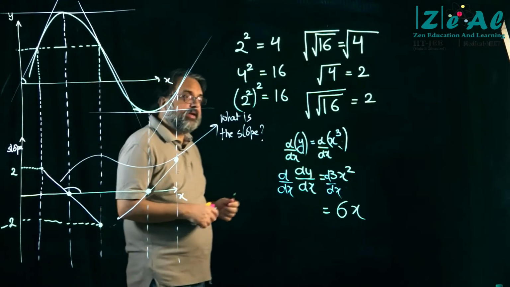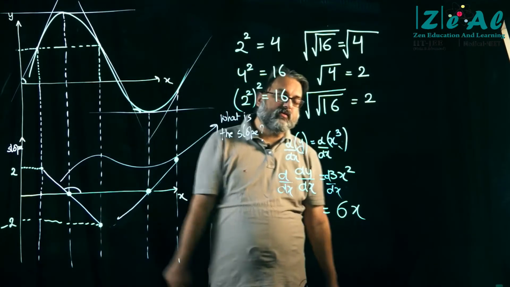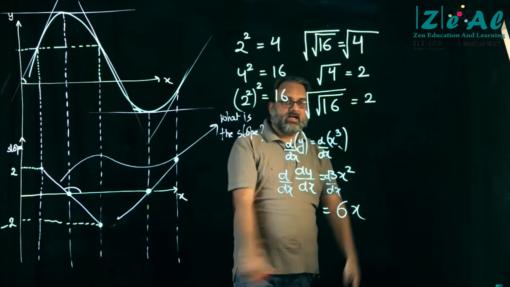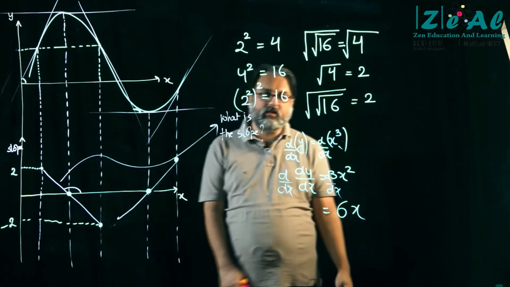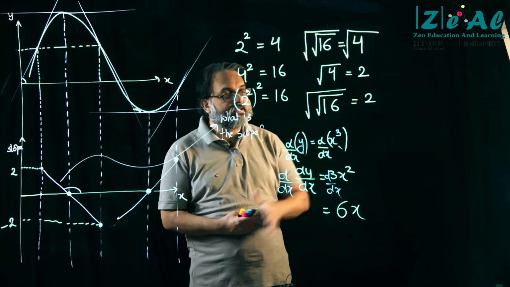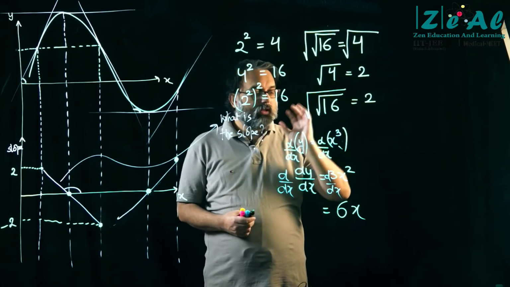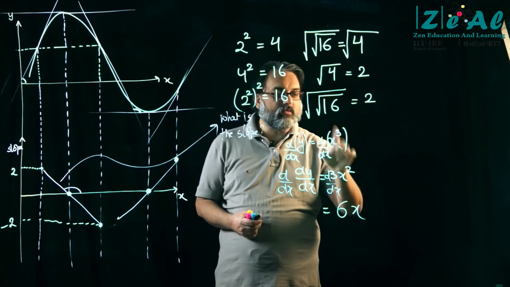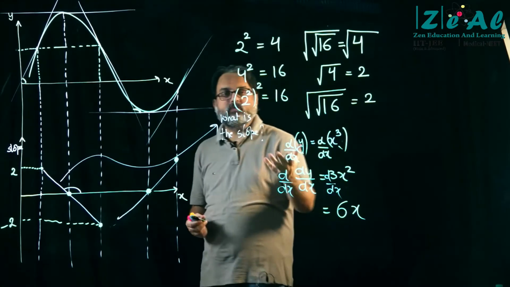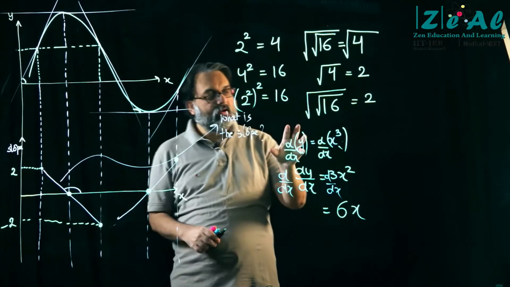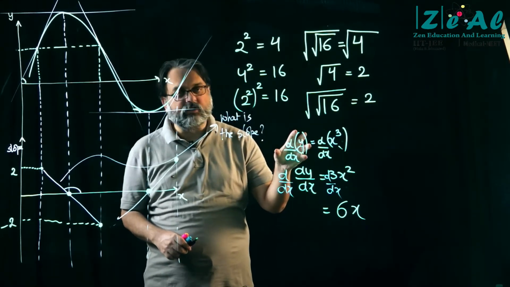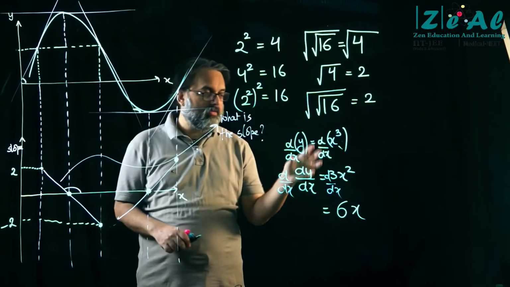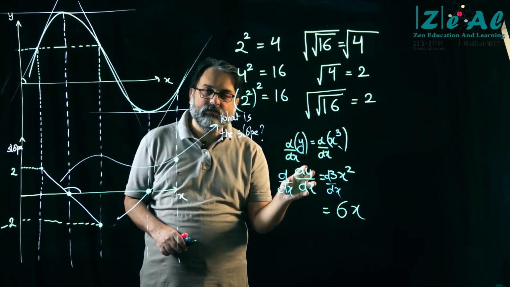जब मैंने d by dx अप्लाई किया दोनों तरफ, तो जो राइट हैंड साइड है इक्वेशन का, दैट इज वेरी इजी टू वर्क आउट. It is d by dx of x cube, so it is 3x square. And the left hand side of the equation is again very easy to work out. It is simply dy by dx.